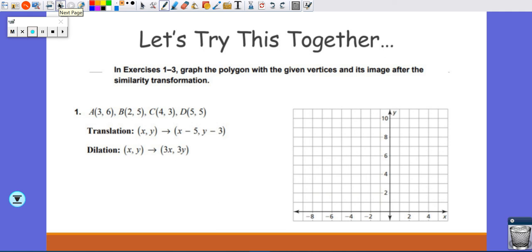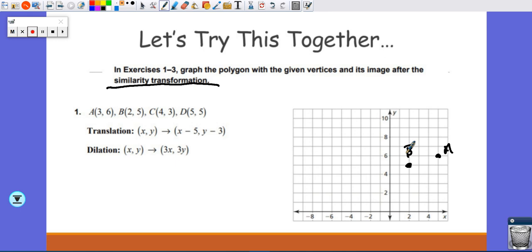It says in exercises 1 through 3, graph the polygon with the given vertices and its image after the similarity transformation. So here, I'm going to go ahead and graph the pre-image. That tells me to go to 3 and 6, and name it A. And then go to B, 2 and 5.